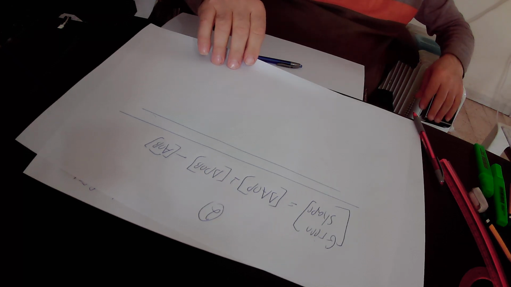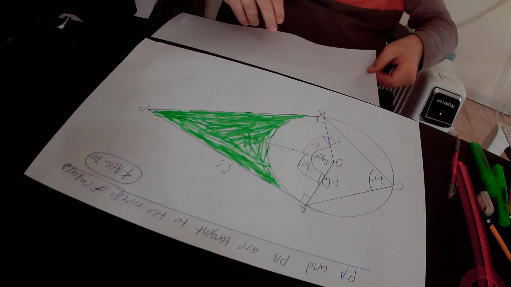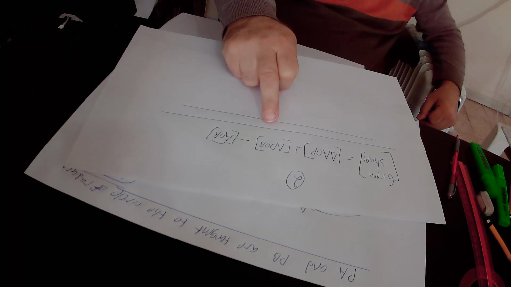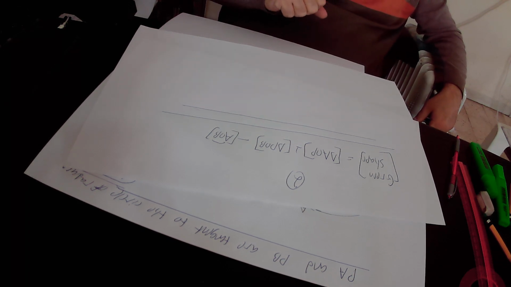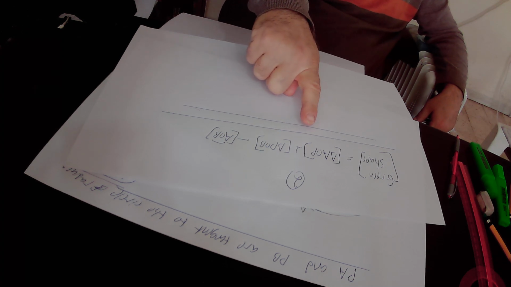But first of all, because the right triangle AOP is congruent to the right triangle POB, they also have the same areas. So you can substitute the right triangle POB by the right triangle AOP.